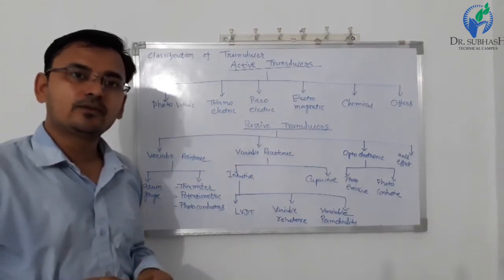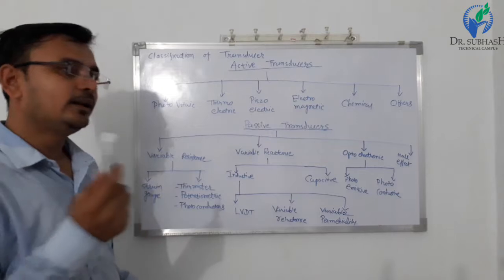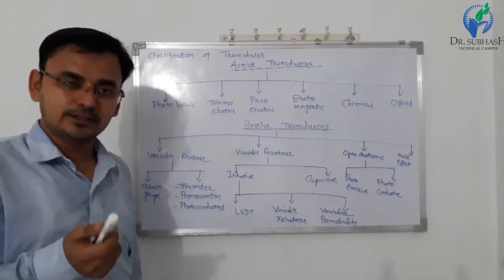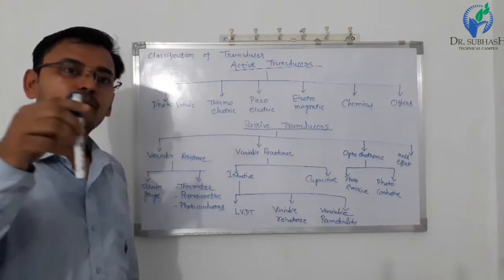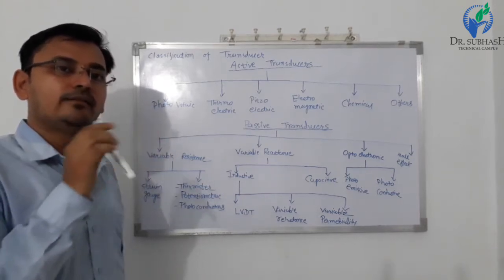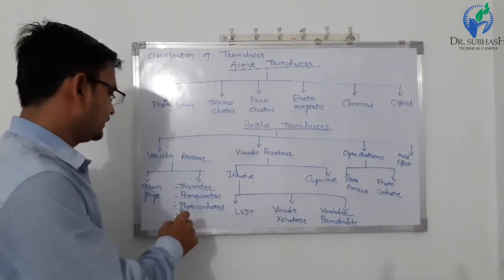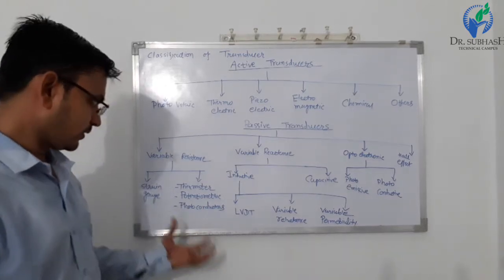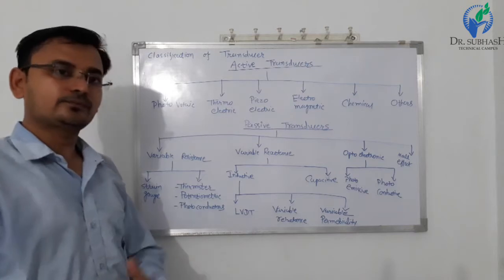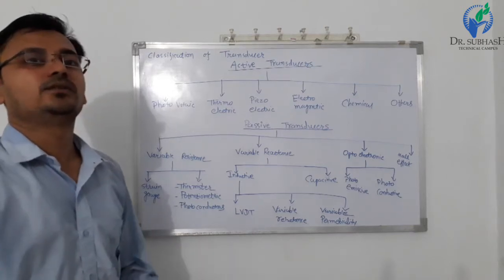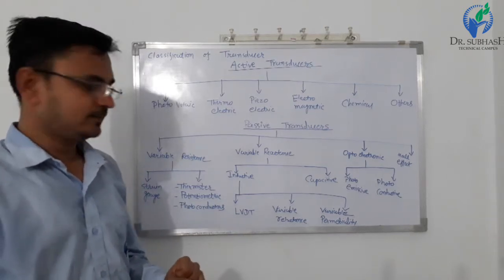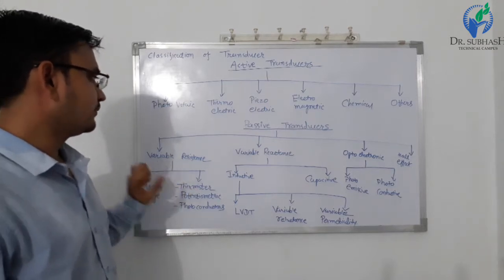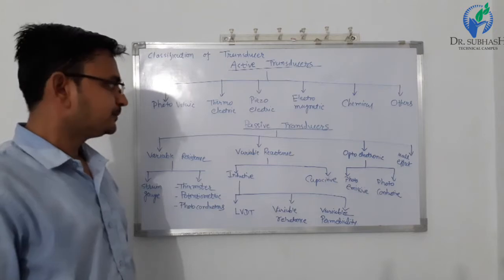We know the principle of the potentiometer. Simply, it is a variable resistor. By moving the arm of the potentiometer, we can vary the resistance. Then photoconductors, which also work on the principle of variable resistance. So these are the types of variable resistance transducer.